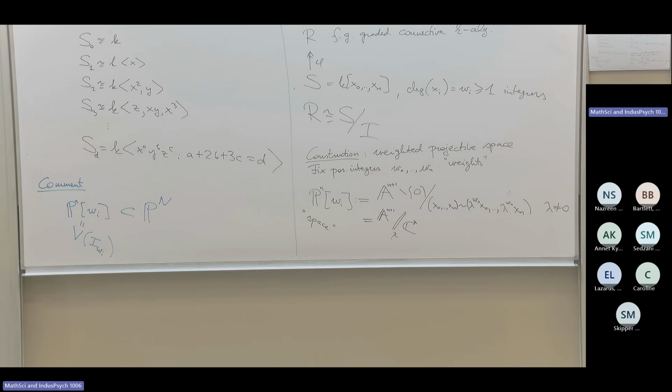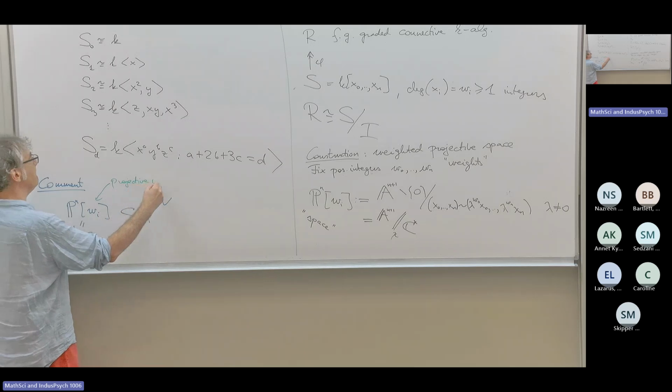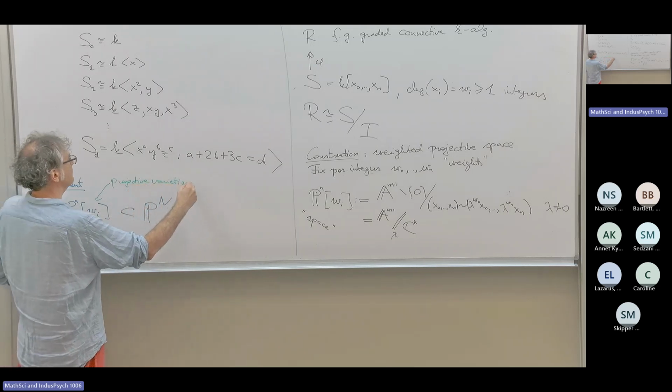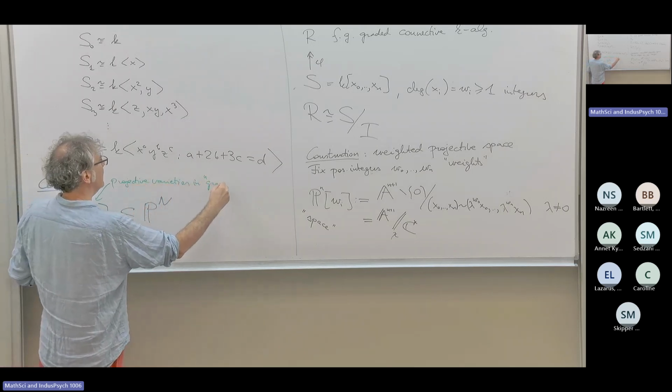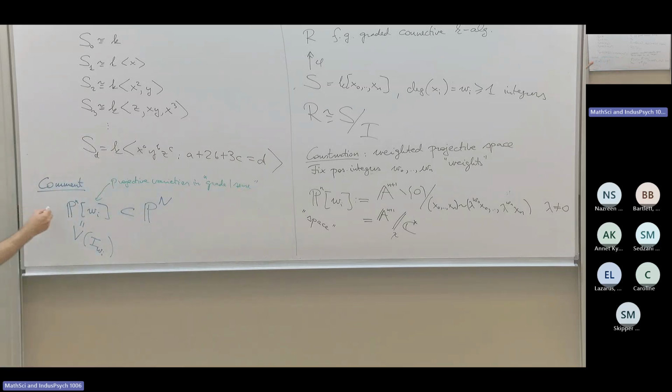So these themselves are projective varieties in the old sense, in the grade 1 sense. And then these axes that I'm considering are sub-varieties of that.